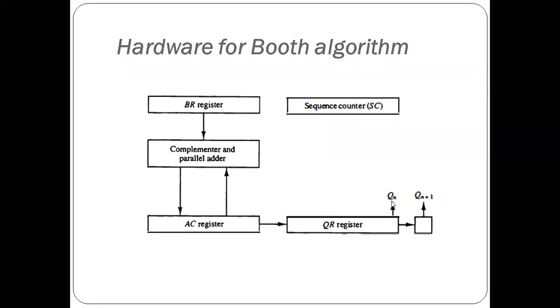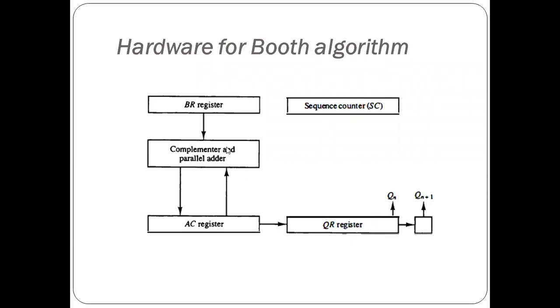As and when Qn is 1, I will perform subtraction, because on encountering the first 1 we perform the subtraction, just assuming Qn plus 1 as 0. Subtraction is nothing but AC minus BR. How can I do minus BR? Rather than going for a parallel subtractor, I will use the same parallel adder, but BR will be complemented and given.